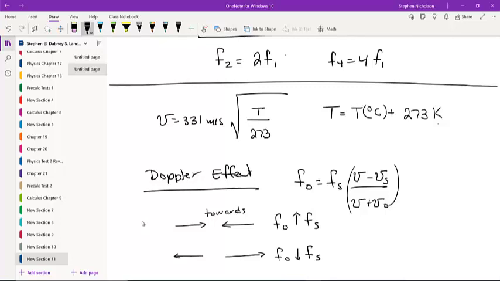So one objective towards is you could have one not moving at all and the other one moving towards it like that. That would be towards. You could have the second one moving, and so this is my source, sorry. So here's the source, here's the observer. So all three of these scenarios are moving towards each other.